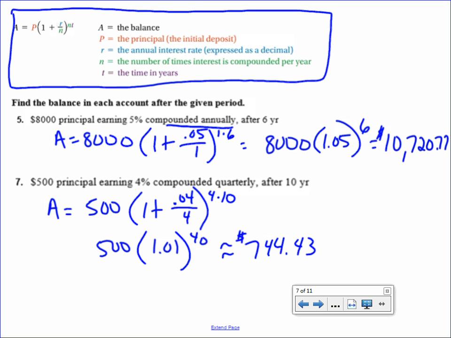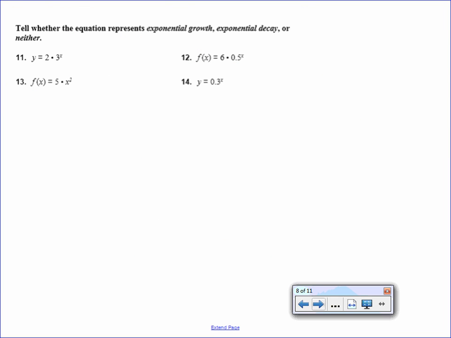$744.43. Okay, next question. Tell whether it's exponential growth, decay, or neither. So the first one, we've got a base that is larger than 1, so this would be a growth. If I look at the second one, our base is less than 1, so I know that this is a decay.